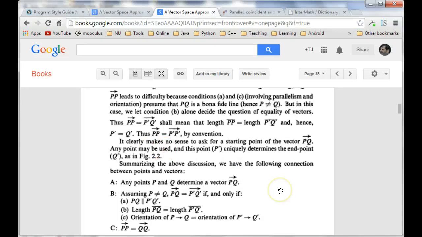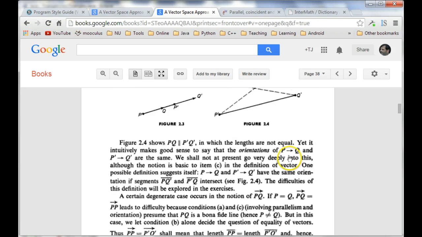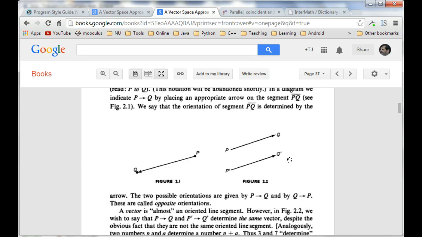So after that discussion, let's see, is there anything else? Any 2 points, P and Q, can determine a vector from P to Q. Okay, basically. So that makes sense, right? If you could imagine a Cartesian coordinate system in here, from any one point on another point in that coordinate system, you're defining a vector.